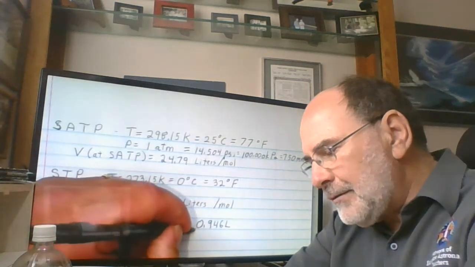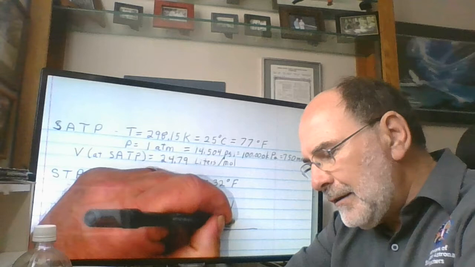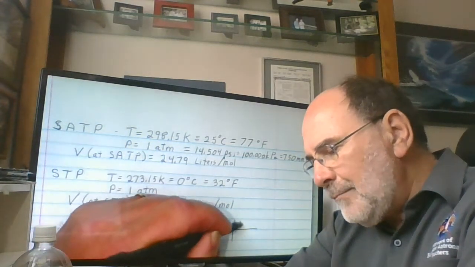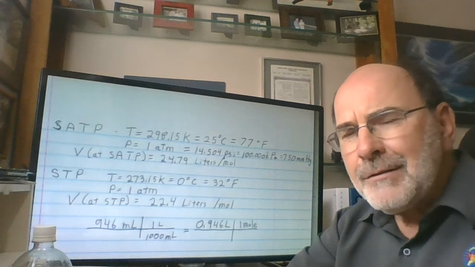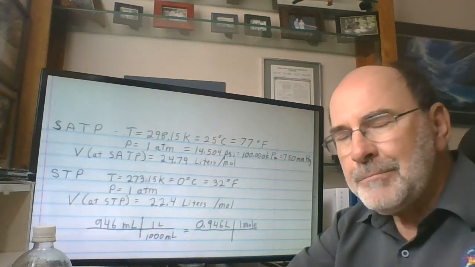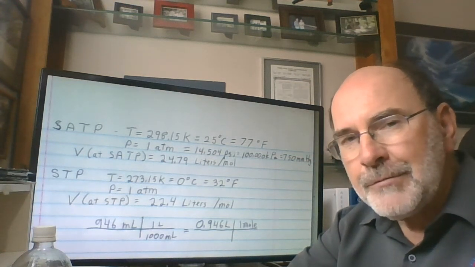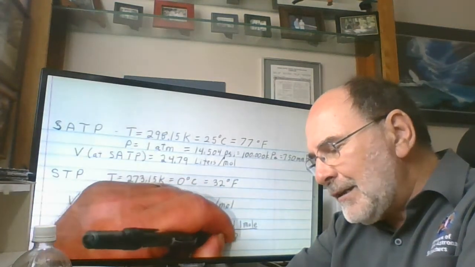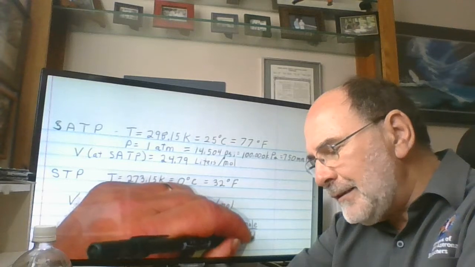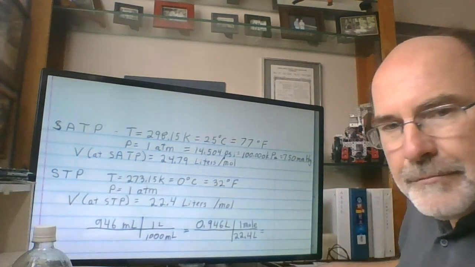Next step is I want to convert that to moles. I know that 1 mole of any ideal gas, and all gases behave as ideal gases for practical purposes in our chemistry course for now, 1 mole of ideal gas occupies 22.4 liters. So it's that simple.